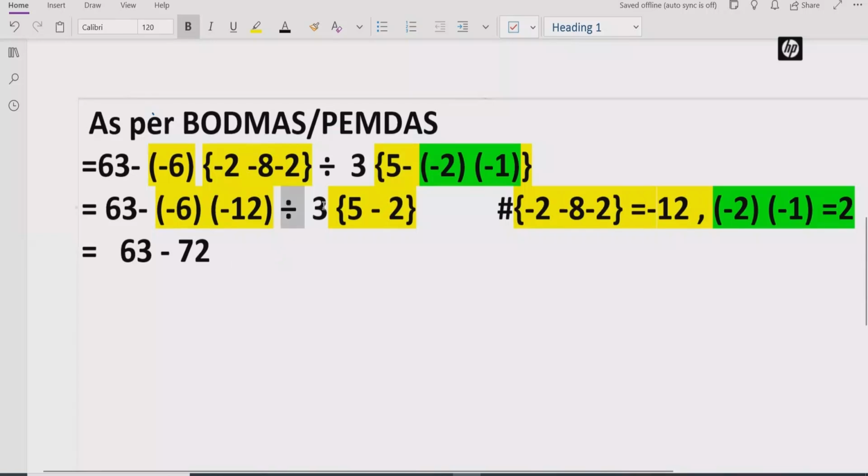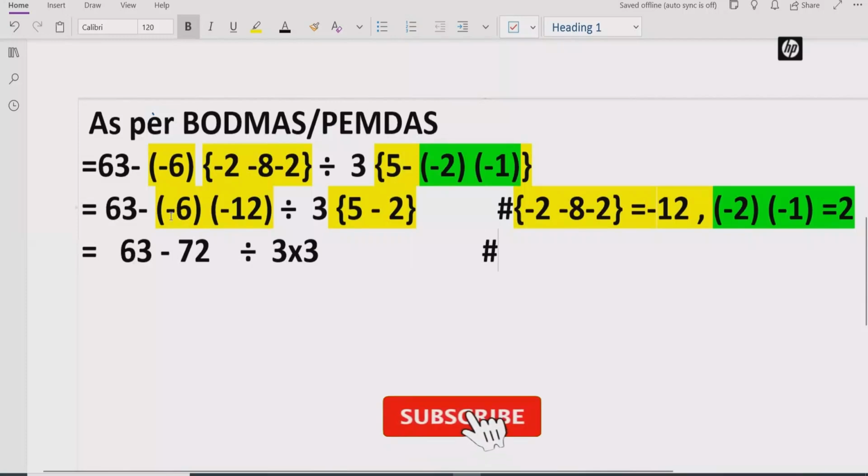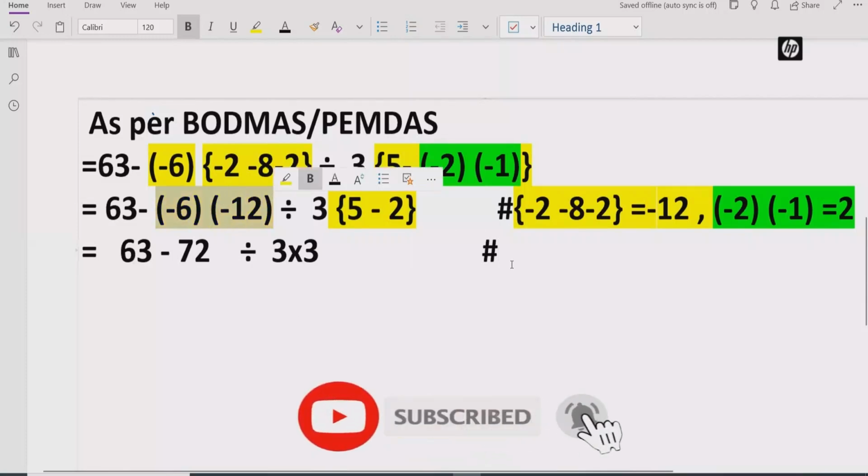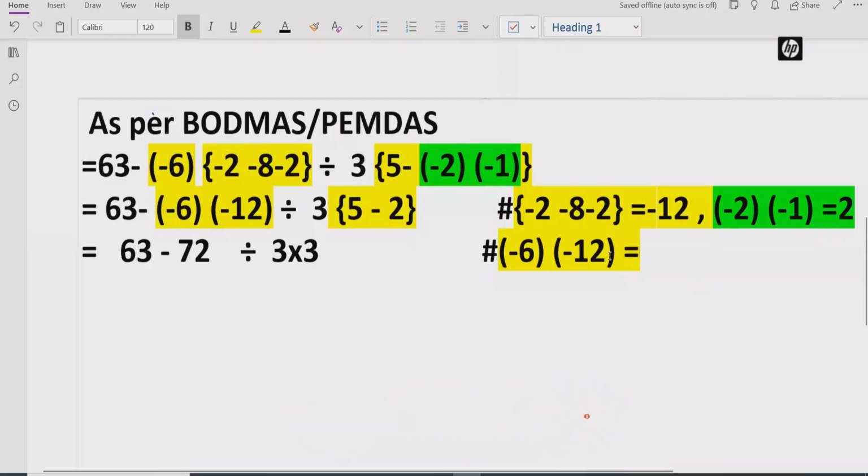And here we write this one, and this becomes 5 minus 2 equals 3, multiplied by 3. Here we give the reference: this part becomes 72, and this becomes 3.